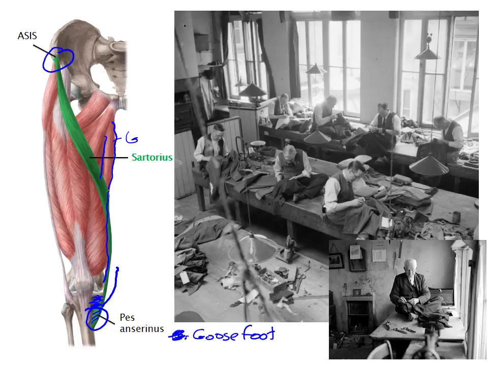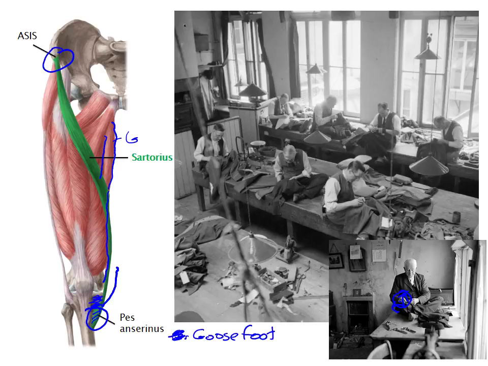The sartorius gets its name because this muscle was quite large in a subset of individuals, those who were tailors, and the word for tailor is sartorial. You can see this position of a tailor where their hip is flexed, externally rotated, and abducted.